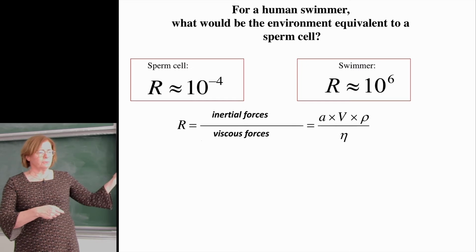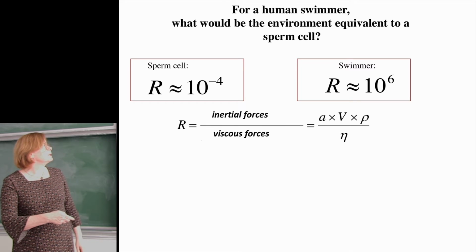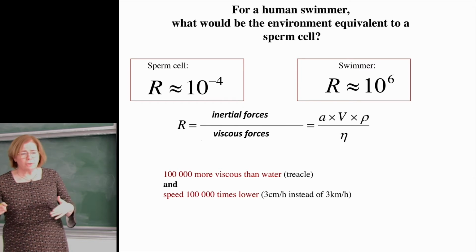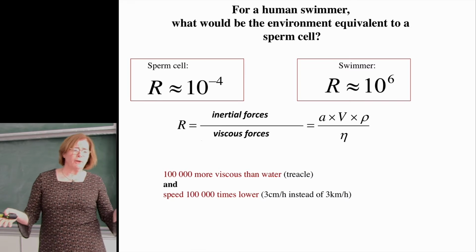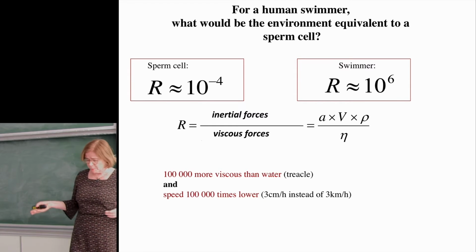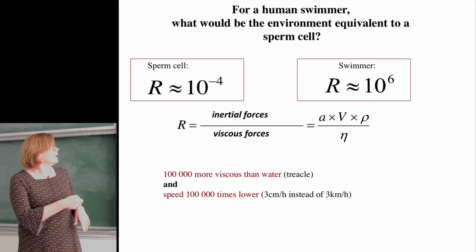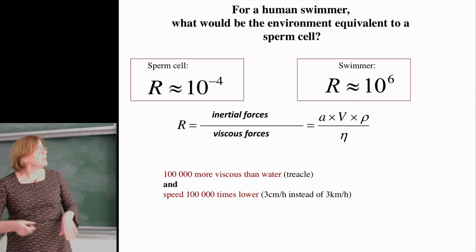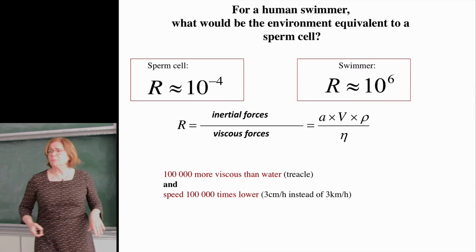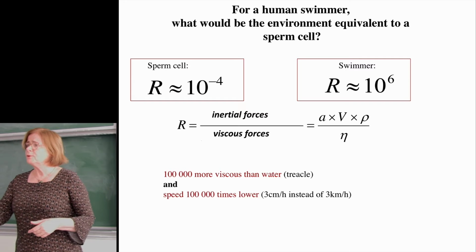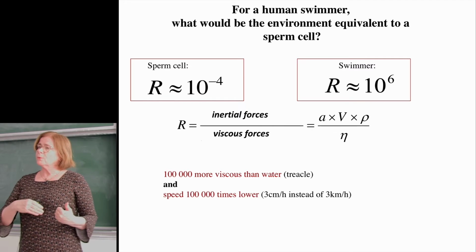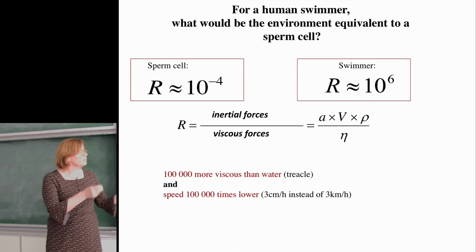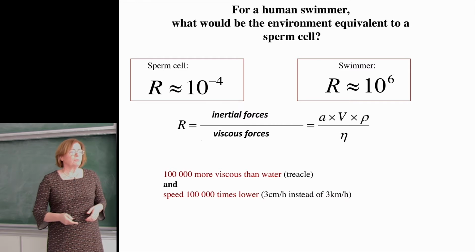You just need to rebuild the Reynolds number, and then to feel the same environment as a bacterium or a sperm cell, you should swim in treacle, very thick honey, at 3 centimeters per hour. It's just for you to feel the surrounding of a moving cell.